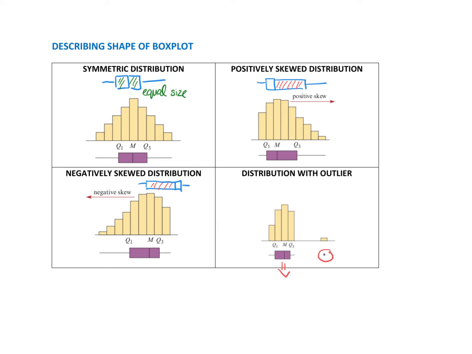So what does that one look like to you? In this last one down here, what does the shape look like to me? It's got this tail bit at the start, so what would that be? Negative skewed. So this one would be described as negative skewed with outlier.